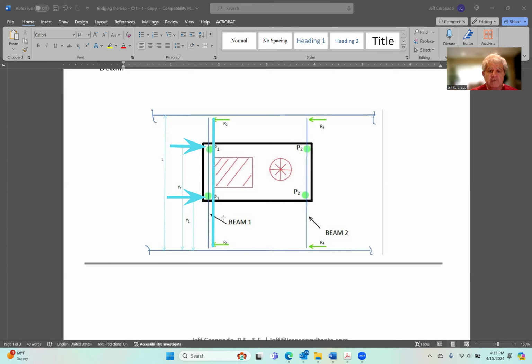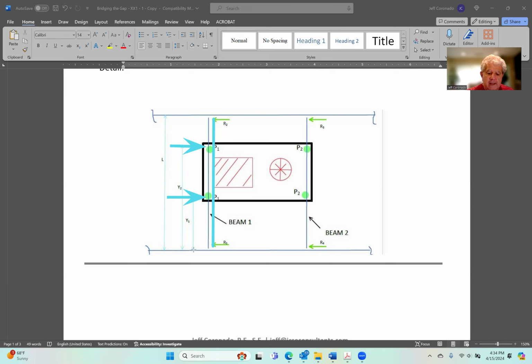So there is other loading. Right now, all we're focused on is the loading on beam 1 resulting from the mechanical equipment.